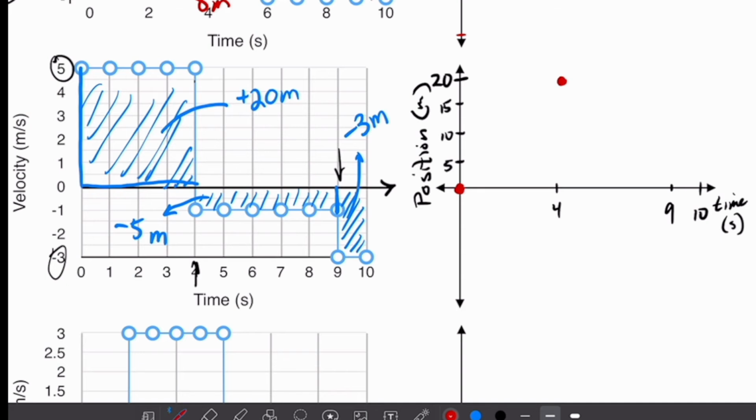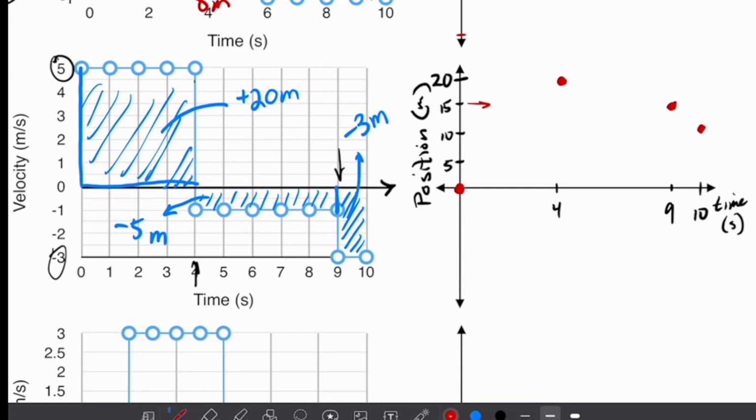In the next 5 seconds, the object moved backwards 5 meters, and then the next 1 second, it moved backwards 3 meters. So I just kind of marked the dots about where they go.